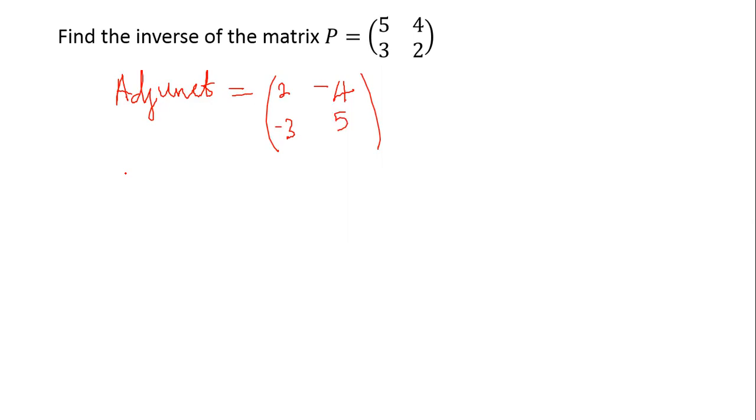Then what did we find next? The determinant. So this will be equal to the determinant of P. We find the one for the original. Determinant of P: 5 times 2 minus 3 times 4.